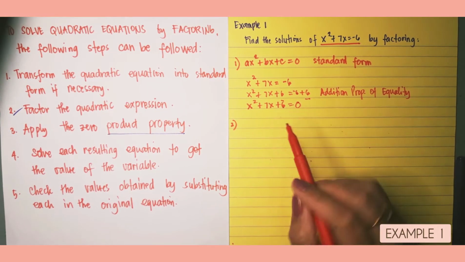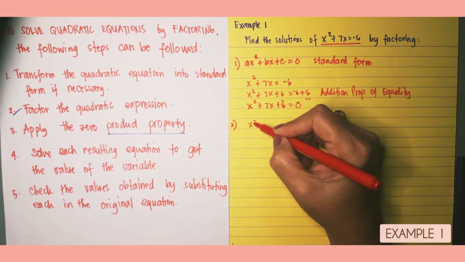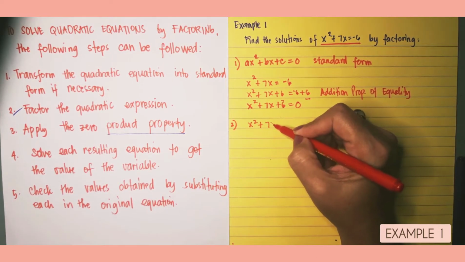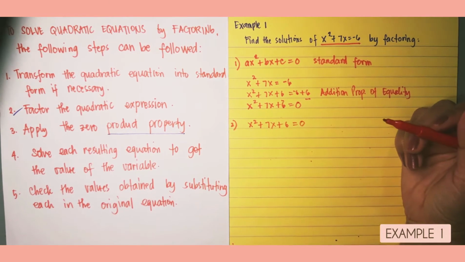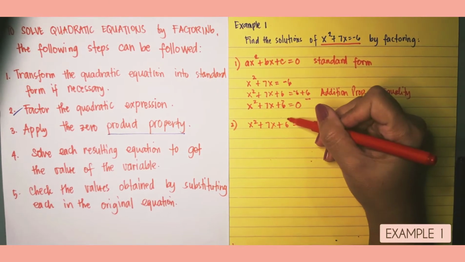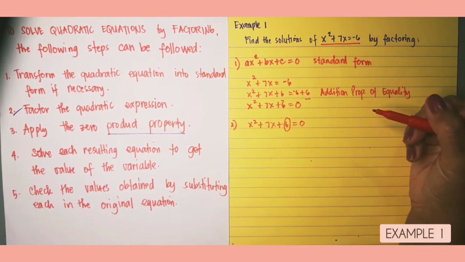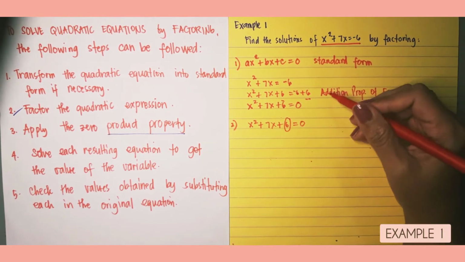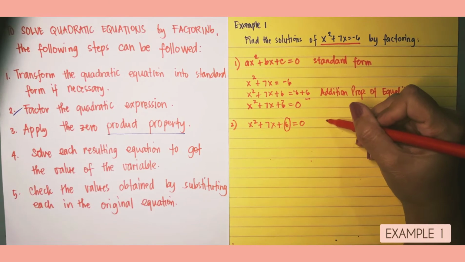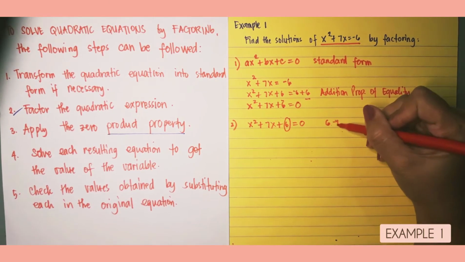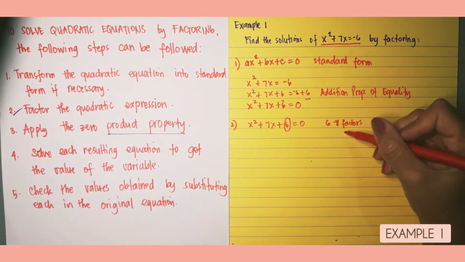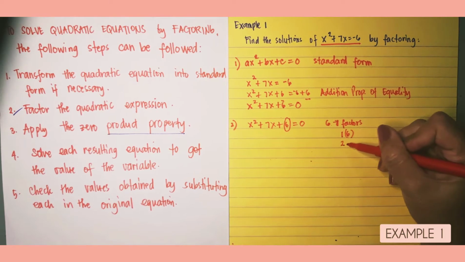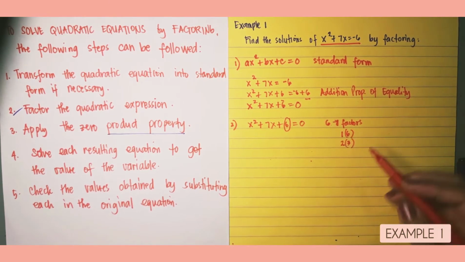So, to factor x squared plus 7x plus 6 equals 0, we need to focus on the last term of the trinomial, which is 6. So write all the possible factors of 6. So we have 1 times 6 and 2 times 3.